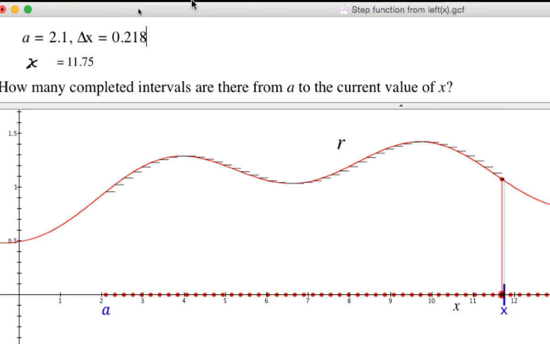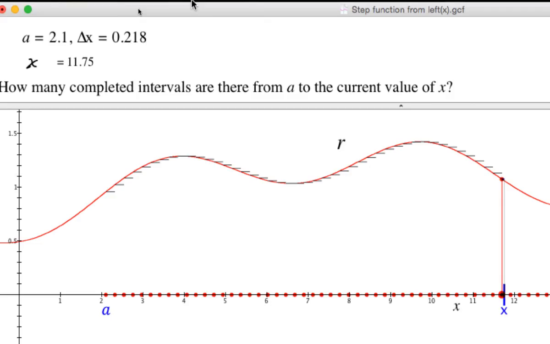Now if delta x is 0.218. Okay, everyone's going to figure this out. Everyone figure it out for themselves. It's okay. I love the enthusiasm, but we just want to hold it back so everyone gets a chance to think about it.